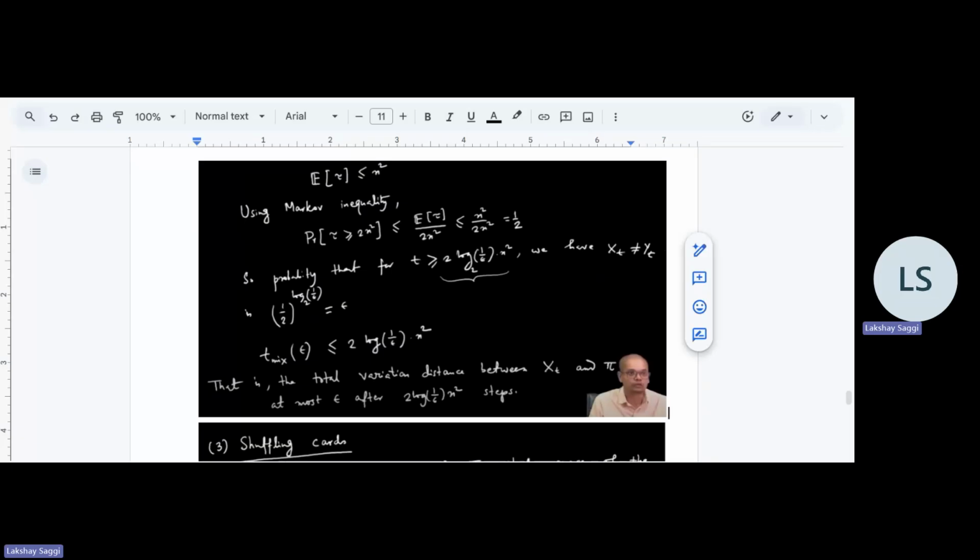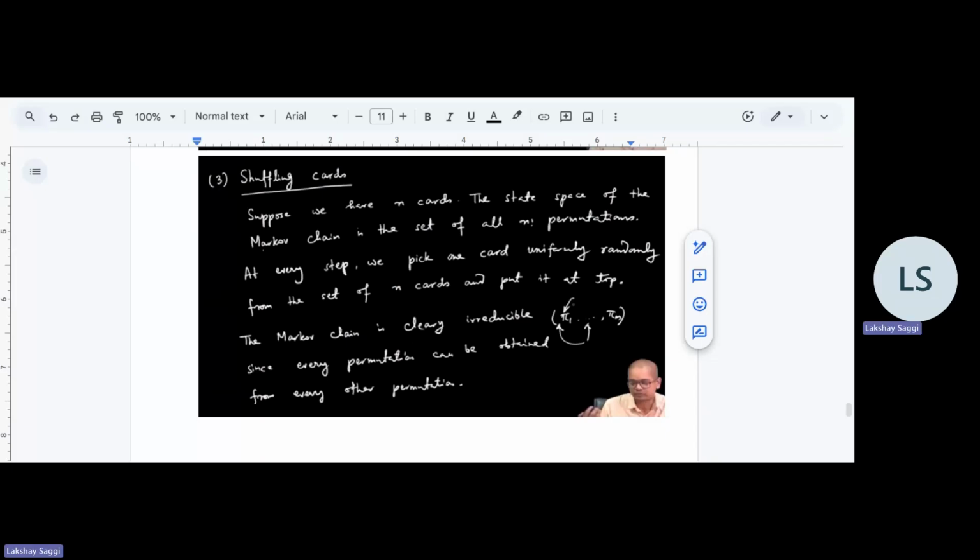Essentially, total variation distance is at most epsilon after 2 log 1 over epsilon n square steps. So the main idea is that the mixing time for this cyclic Markov chain is quadratic in the number of vertices, or number of states. This is a cool thing to see, and it has quite a lot of applications. For the proof, you can refer to the lectures.